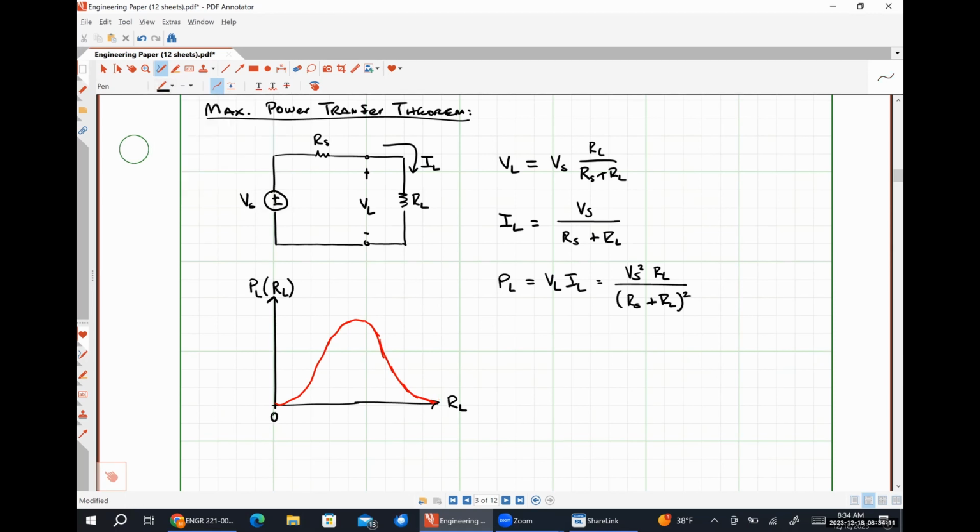Way over here, where our power absorbed is 0, is when our load resistance is effectively a short circuit.